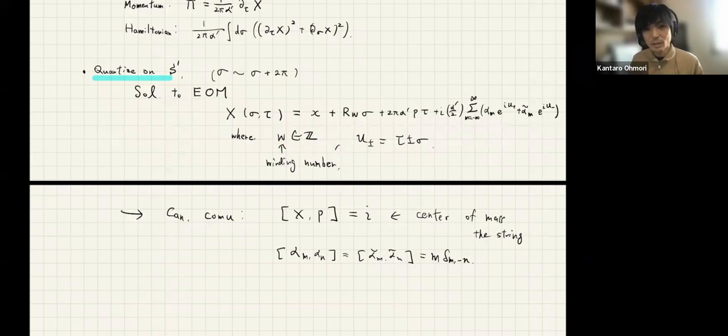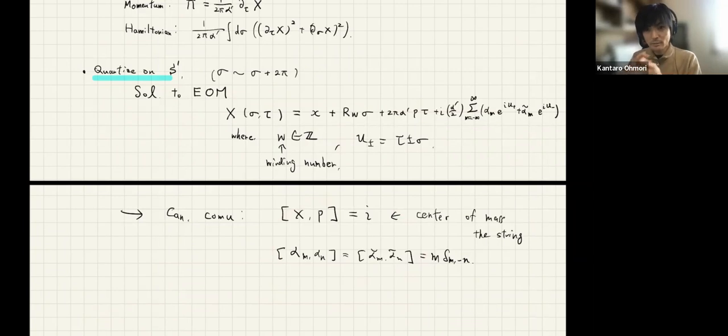And what to do in such cases is that for each w, we prepare some Fock space generated by these operators. I mean some Hilbert space.